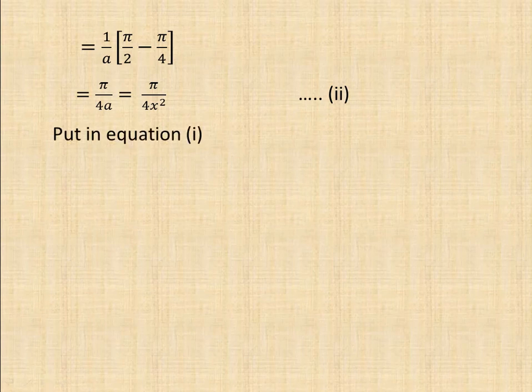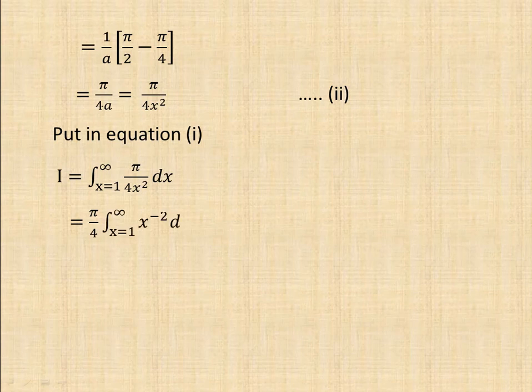Now substitute the answer in our original integral, that is in equation 1. Put in equation 1, then I is equal to integral from x equal to 1 to infinity of pi by 4 x square with respect to x. Now integrate this with respect to x. Pi by 4 is constant, it can be taken outside. Limits of integral from x equal to 1 to infinity, 1 by x square.